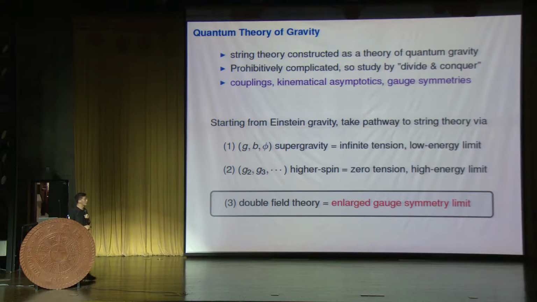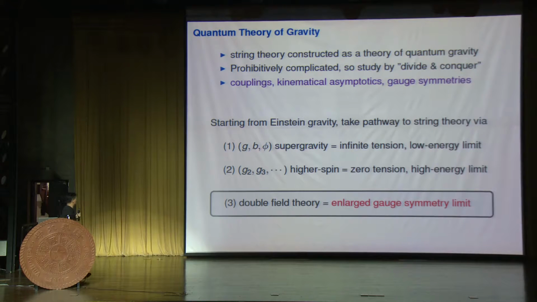We'd like to understand in what sense Einstein gravity, which is so bad, like the example I gave to students, becomes better and better, eventually becoming a finite theory in the extreme UV by quantum string theory. So we start from the bottom up, from Einstein gravity, and we take a pathway to string theory by taking all these different regimes, or maybe a combination of them too.